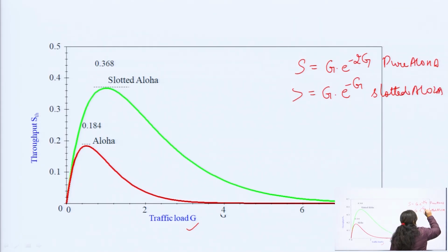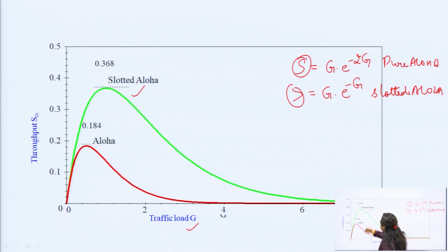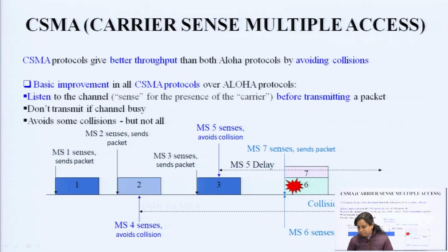By putting different values of G we have calculated S, so a graph is drawn over here. You can see that maximum throughput will be there in case of slotted Aloha, because the probability of packets colliding is less as compared to pure Aloha.